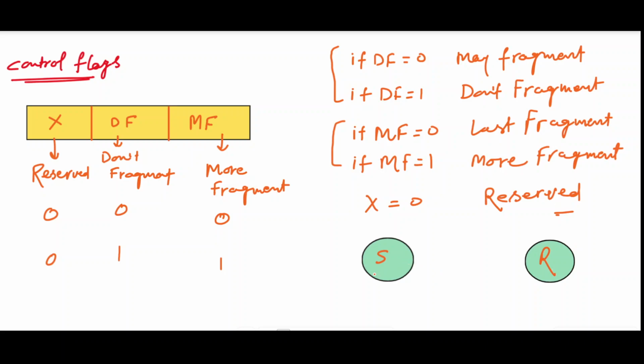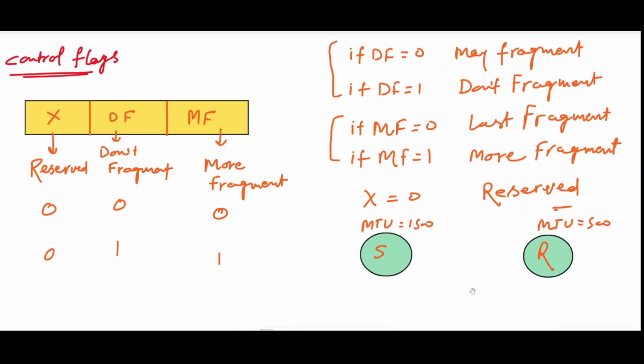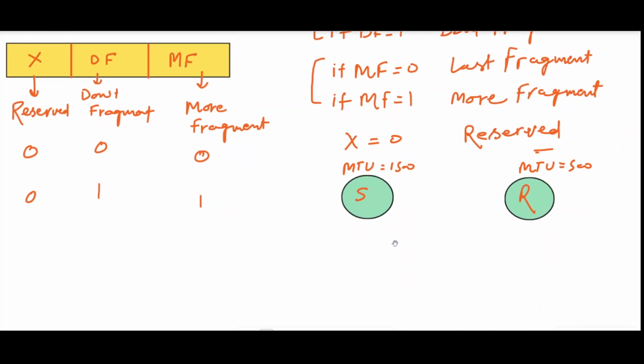So suppose the MTU for this sender is 1500, and the MTU for this is, suppose, 500. Clear? Now here if the sender sends any packet, then it will be fragmented.